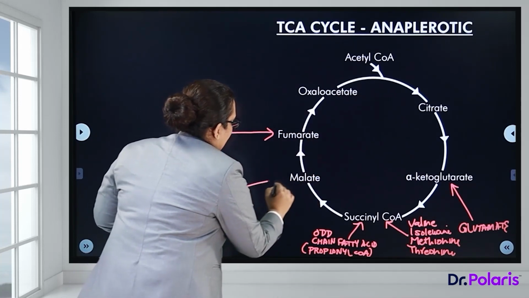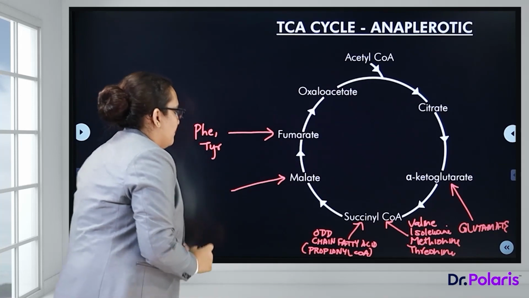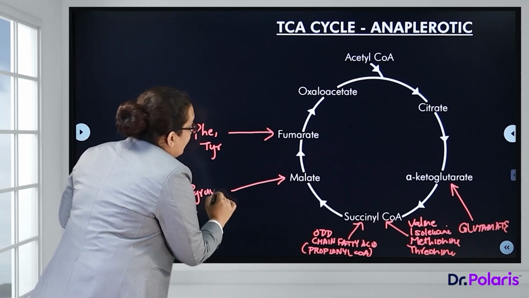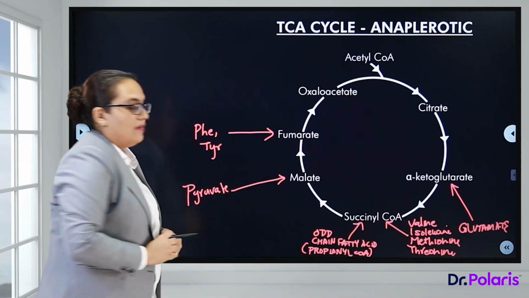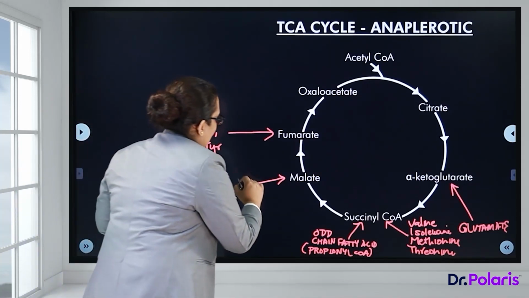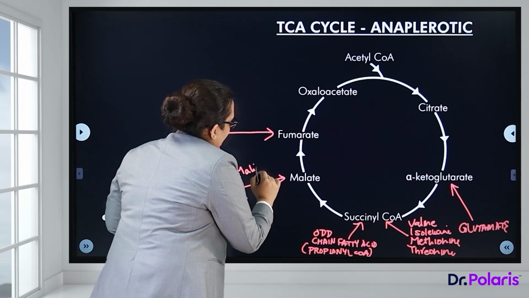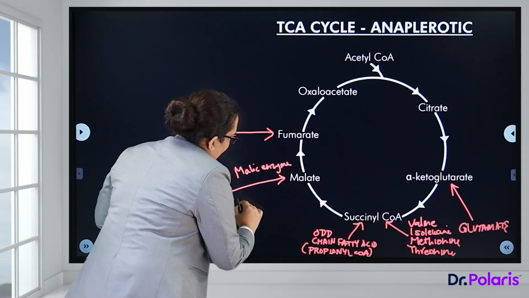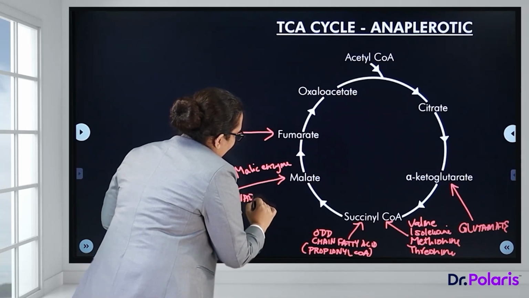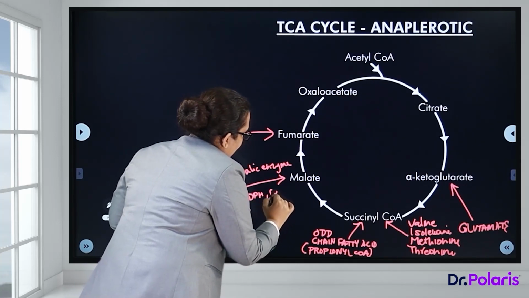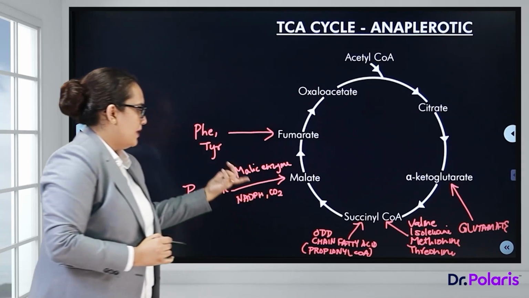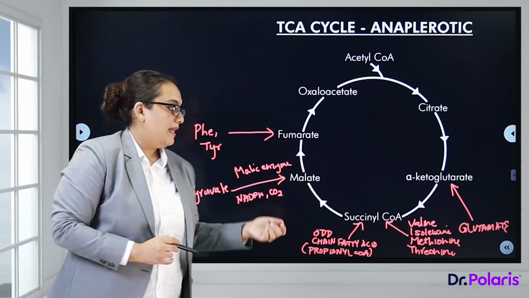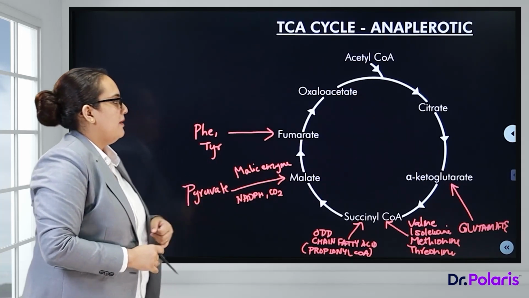Malate can be formed from pyruvate through the help of the enzyme malic enzyme. Malic enzyme requires NADPH and carbon dioxide. These are the two things required for the reaction to occur, and the pyruvate gets converted to malate. So this is one instance where malate can be filled.